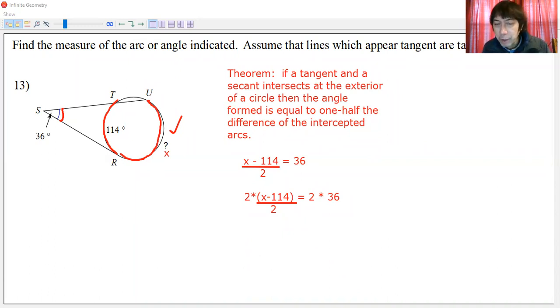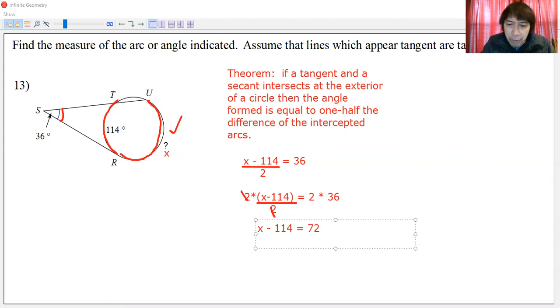It's just that the first line is multiplied by 2 on both sides. The 2 divides the other 2, and the right side becomes 72. So this continues with x minus 114 is equal to 72.